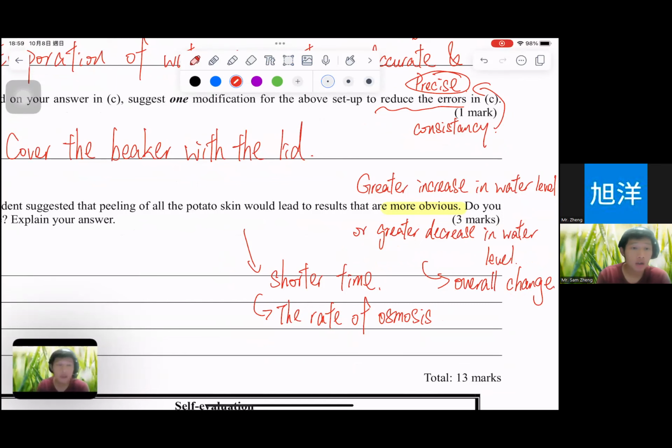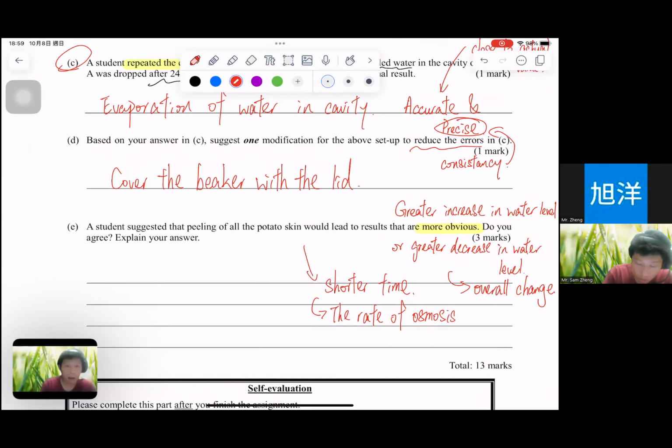So by peeling all the potato skins, will the result be more obvious? In fact, it would be no. Why?